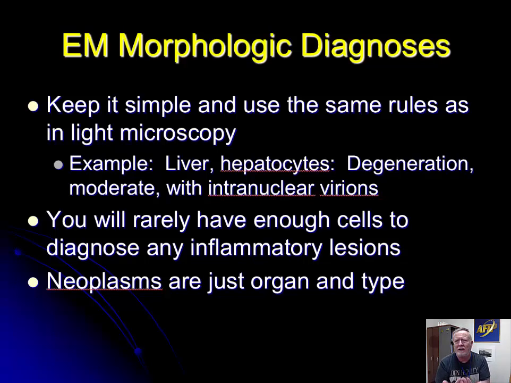So you want to get the whole cell in several pictures. And then you want to back out again to take a picture of that region of the tissue and have enough cells so you can tell, and maybe some normal cells, so you can tell what tissue you're in.